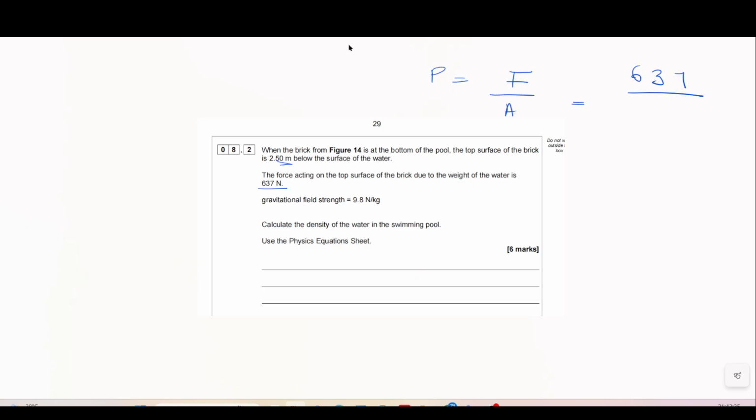No, this is one side, I think we need to multiply it. This is in meters, right? We need to convert it into meters squared. It says the top surface of the brick is 2.50 meters below the surface of the water.